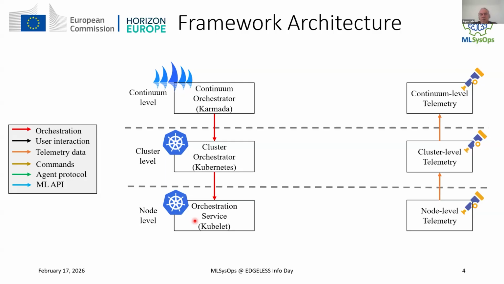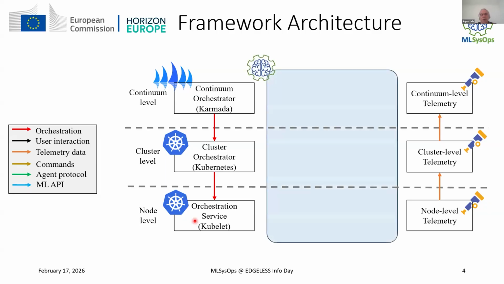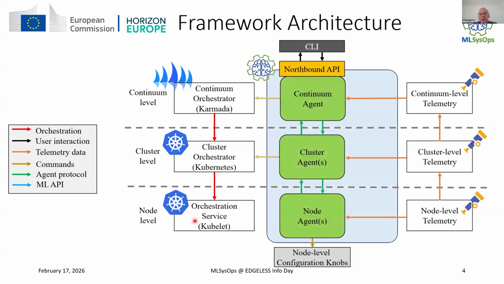We also rely on standard support, OpenTelemetry, Prometheus. And what we do is we interpose between these two pillars an agent hierarchy, which has a continuum agent, one or more cluster agents, and one or more, of course, node agents per cluster. This is accessible through a command line interface that can be used to deploy an application, to monitor the execution, and to configure the system also at runtime, as I will explain very soon.